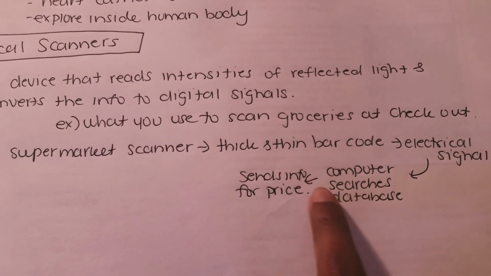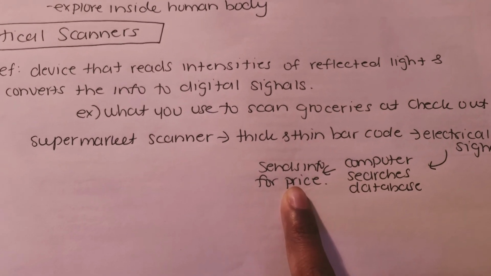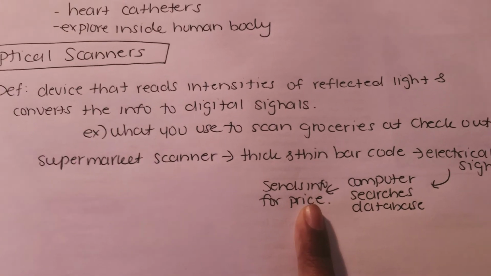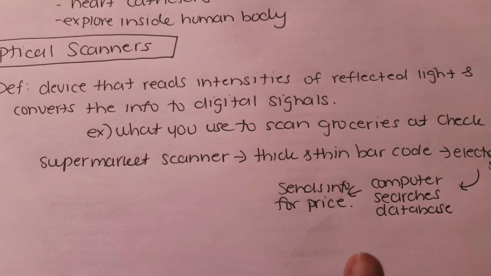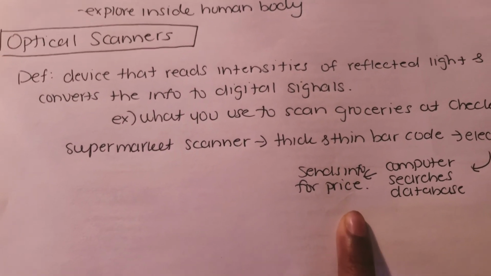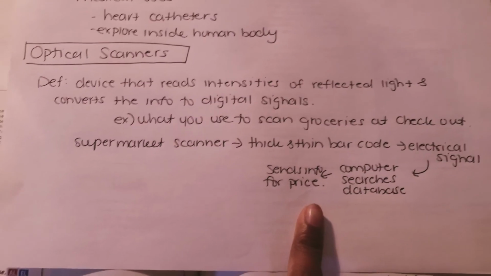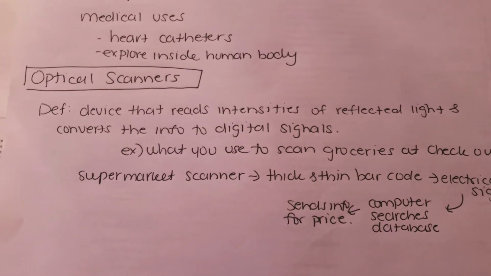Once it finds a price, it will send that price to the cash register, and it will come up and say your broccoli was $1.49 or your cheese puffs were $1.99. Why are cheese puffs more expensive than broccoli? I don't really know. But that's how optical scanners work.